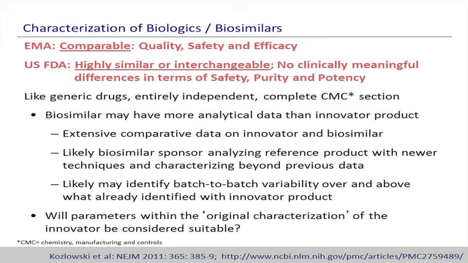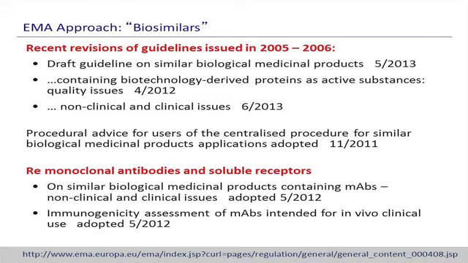In fact, the parameters for the biosimilar are much more narrow. They have much less lot variability, and they have much higher characterization because of the advances in technology over the last 20 years.